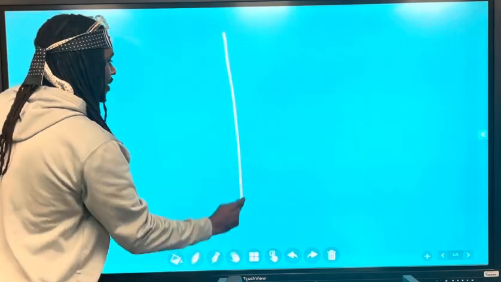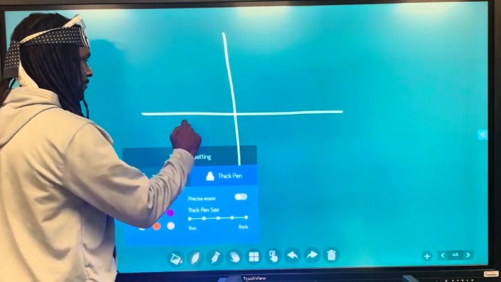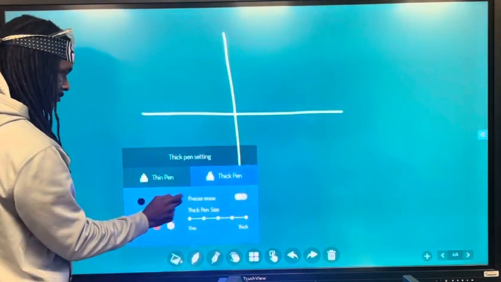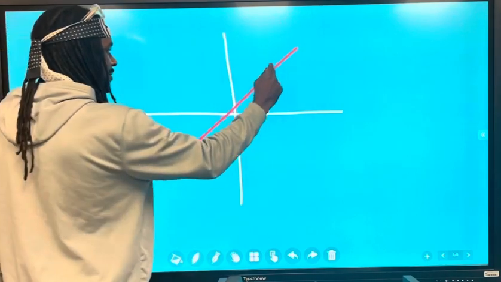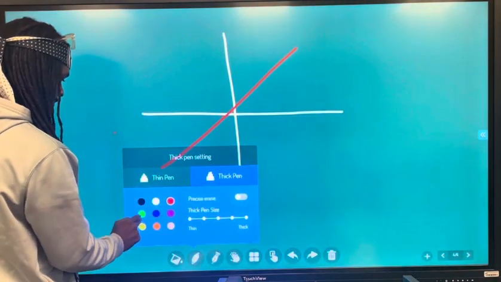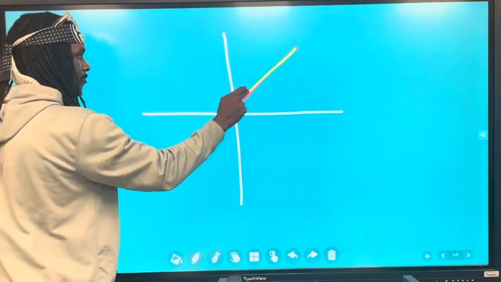Now we're going to have a set where there are some lines that are parallel. Let's say we have a line here.